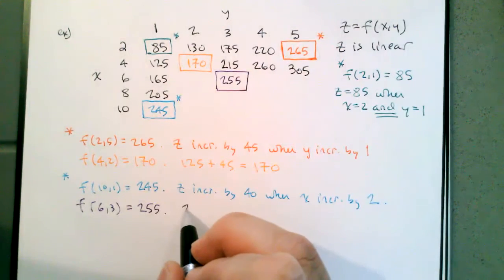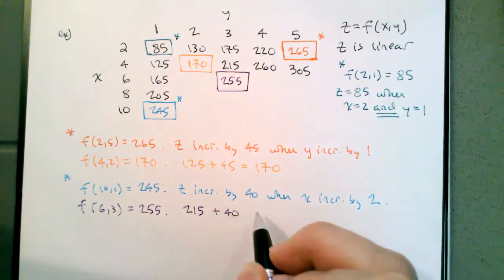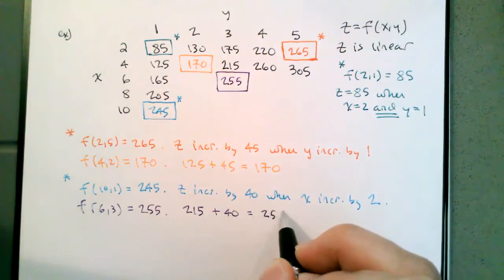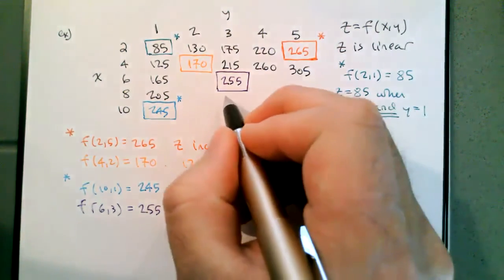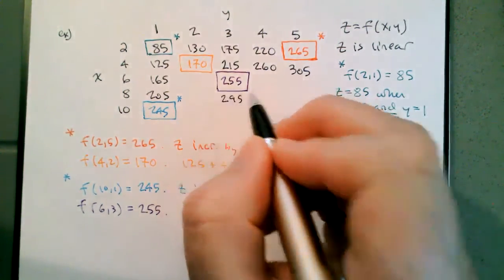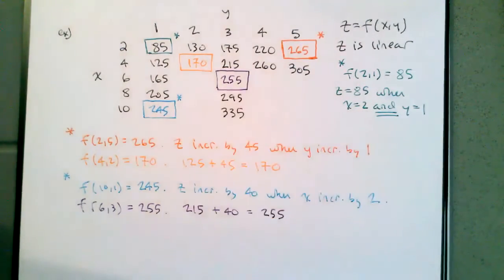I'll take the 215 at 4 and add 40. And once we have the pattern, we can just keep following the pattern. So 255, 295, 335. Any questions?